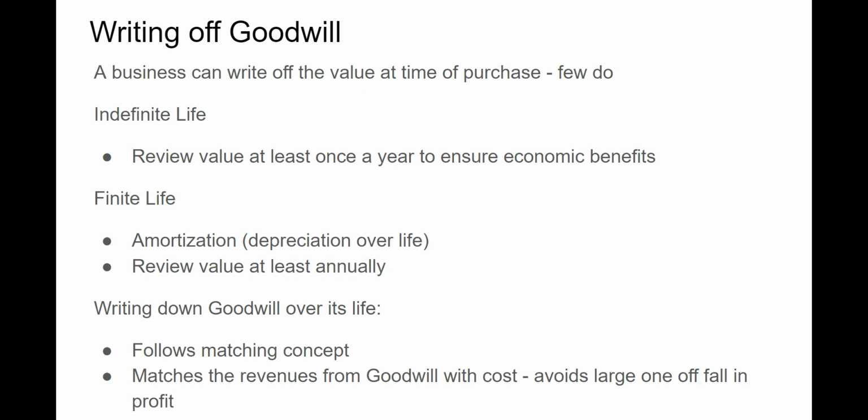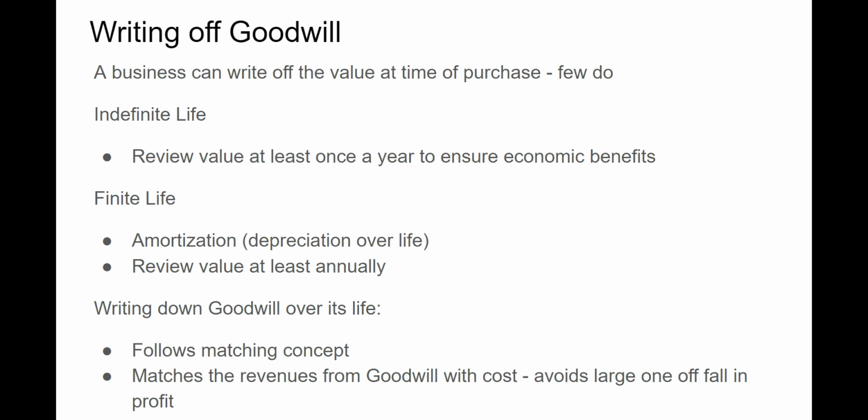So as we use up the goodwill that we purchased, for example, by buying a patent, the value of the goodwill used up each year of the remaining years on the patent would be treated as an expense, and that would be matched with the revenues in that particular year.